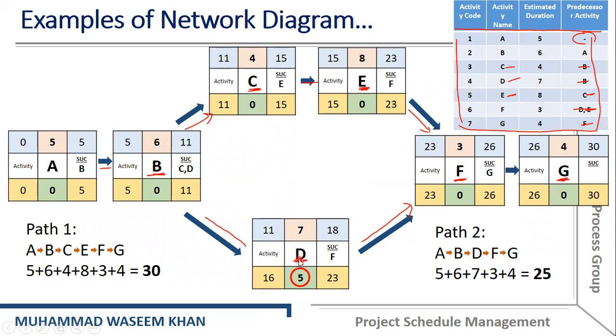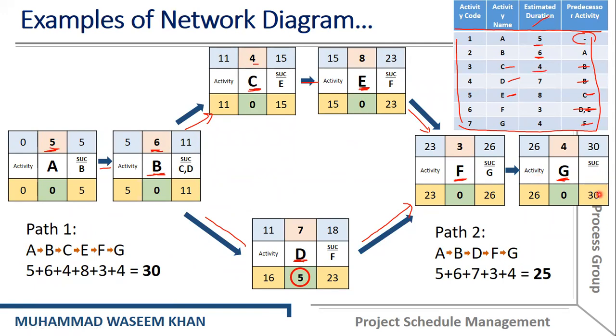And the duration of activity D is 7, so 11 plus 7 is equal to 18. And similarly, you can find the earliest start of all those activities and earliest finish as well.